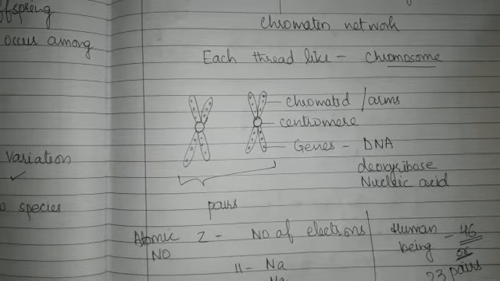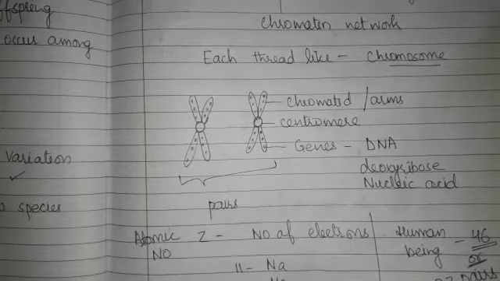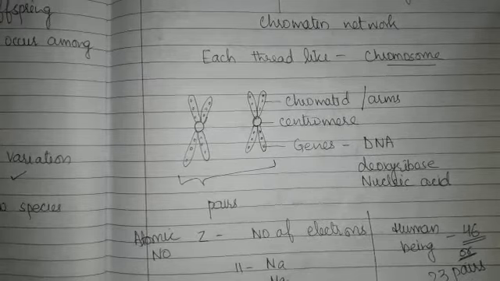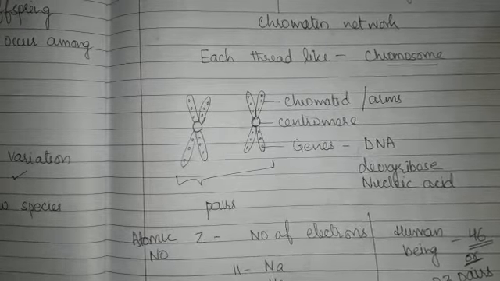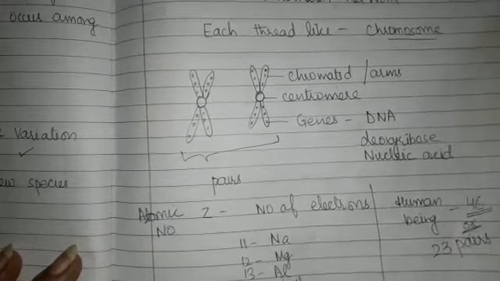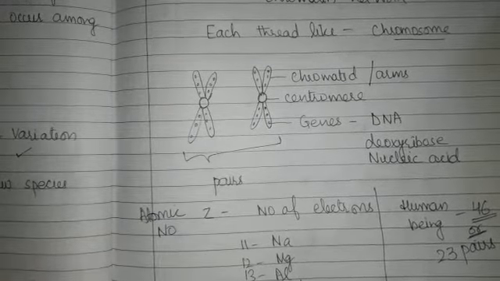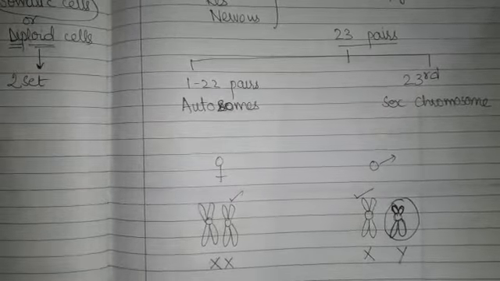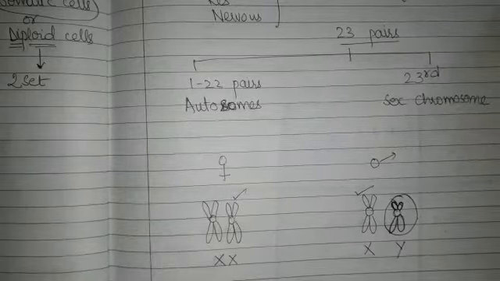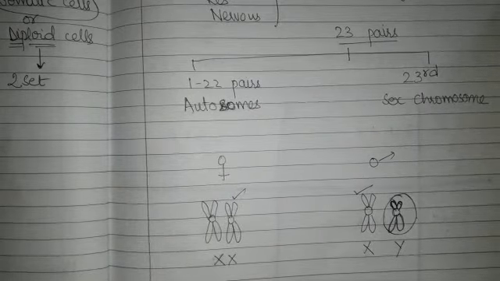For example, in human beings, there are 23 pairs of chromosomes. And what do we mean by 23 pairs? 46 chromosomes.